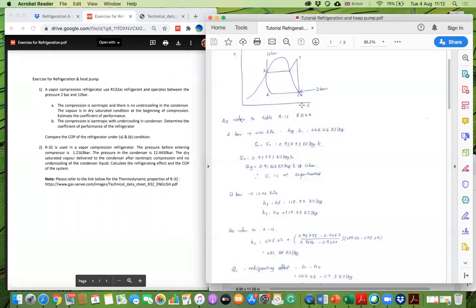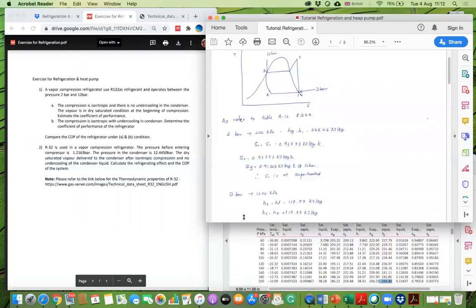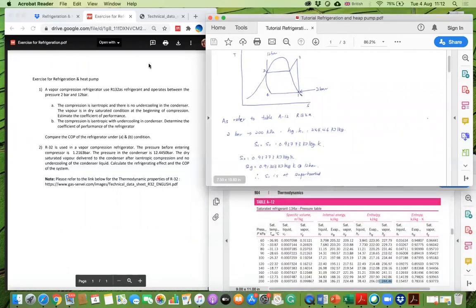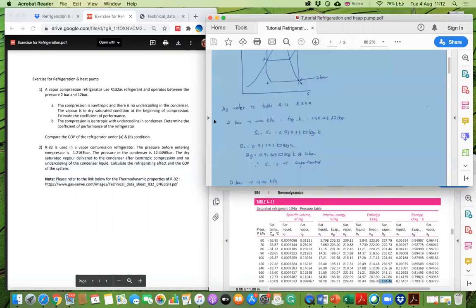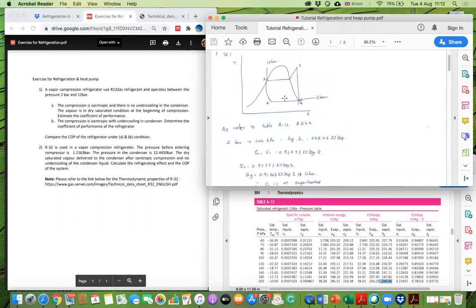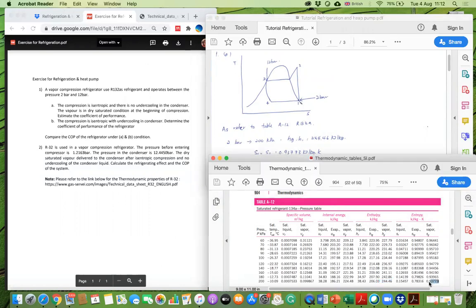And if you refer to the reference book, S1 you no need to refer to. It's really a T-S diagram, S1 equals S2. So you can use the Sg at 2 bar, which is 0.393773.